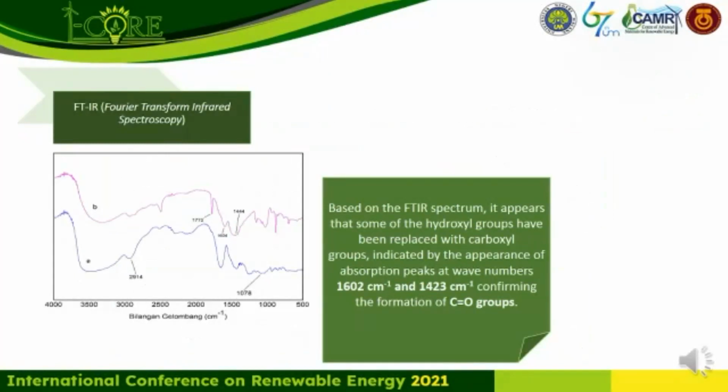Based on the Fourier transform infrared spectroscopy spectrum, it appears that some of the hydroxyl groups have been replaced with carboxyl groups, indicated by the appearance of absorption peaks at wave numbers 1602 and 1423, confirming the formation of the carboxyl group.